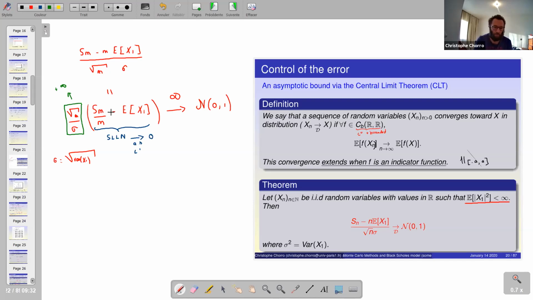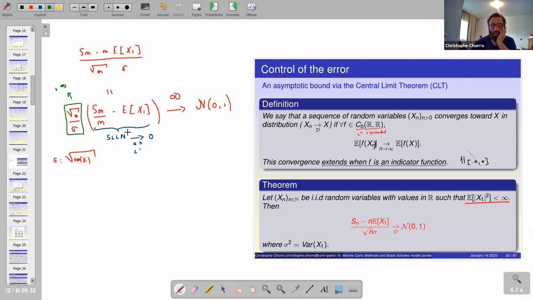So be careful, the convergence holds, but in distribution, not in the almost sure sense and not in the L1 sense, but in the sense of the convergence in distribution. It means that this one converges towards 0, this one converges toward plus infinity, and if I multiply them, I obtain a convergence in distribution.